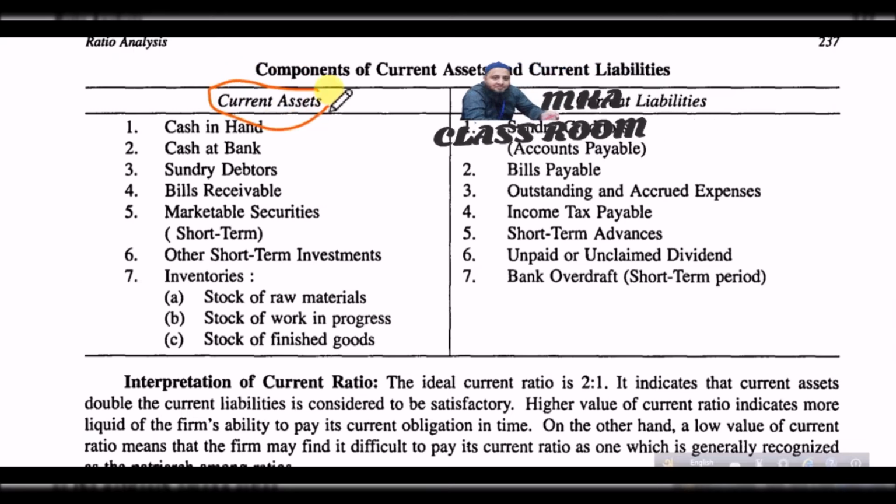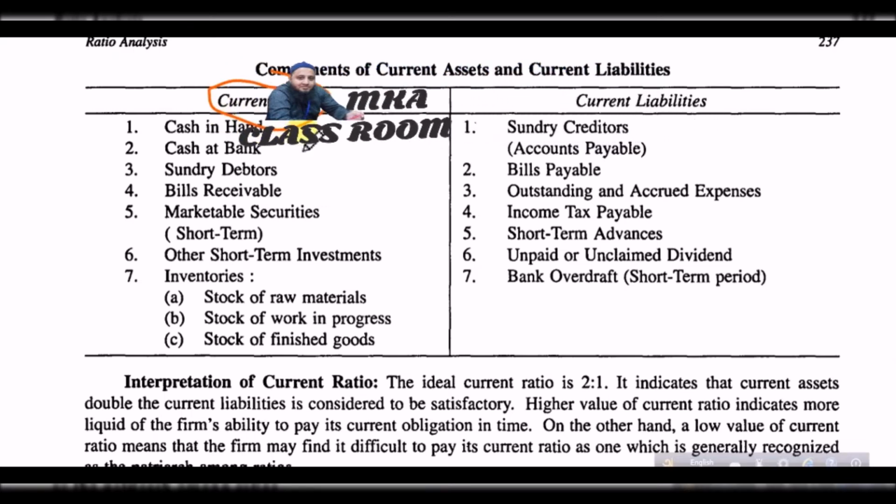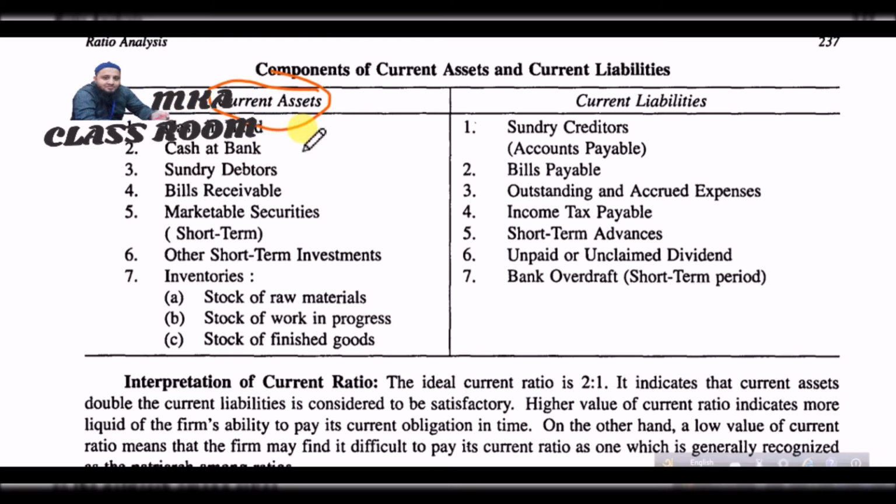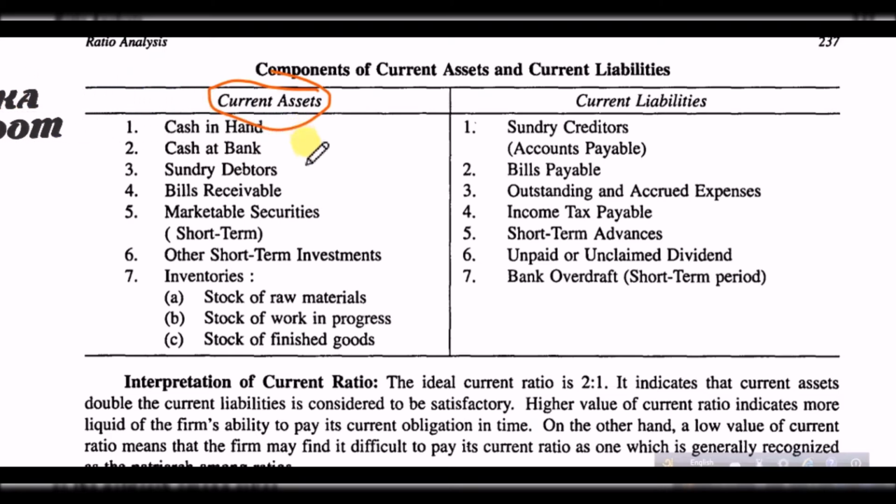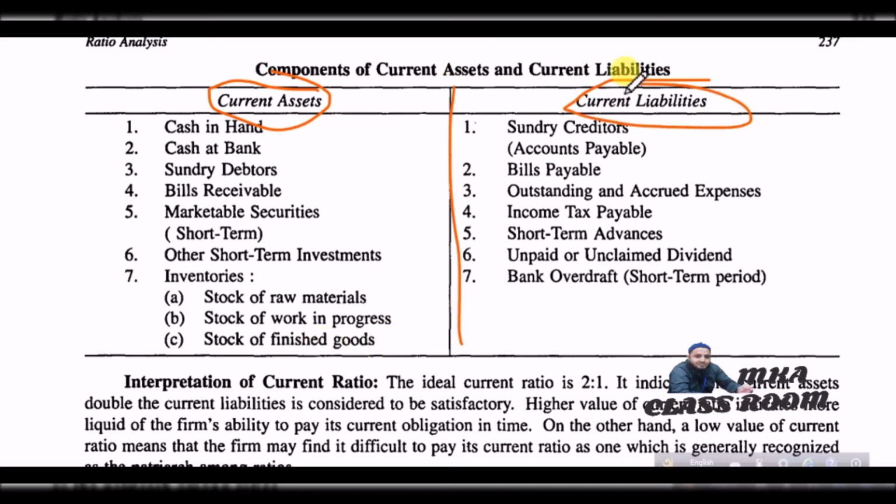These are the current assets: cash in hand, cash at bank, sundry debtors, bills receivables, marketable securities, short-term investment, inventories, a stock of raw materials, a stock of work in process, a stock of finished goods. And these are the current liabilities: sundry creditors, accounts payable, bills payable, outstanding and accrued expenses, income tax payable, short-term advances, unpaid or unclaimed dividend, bank overdraft.